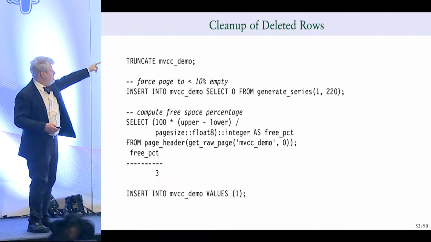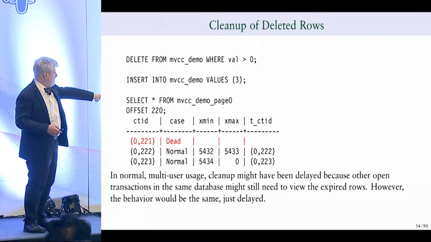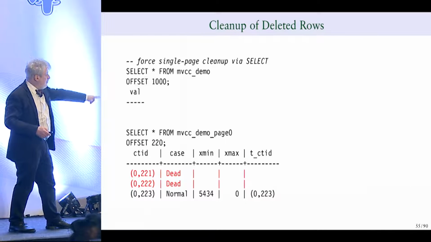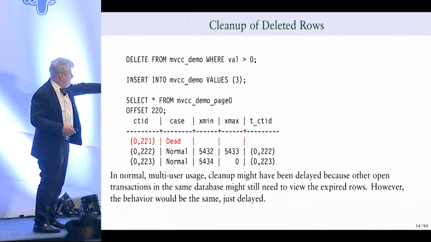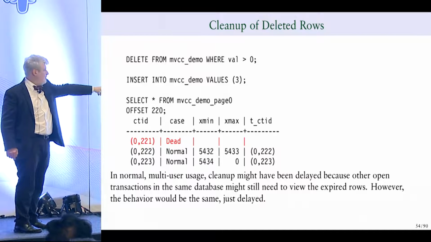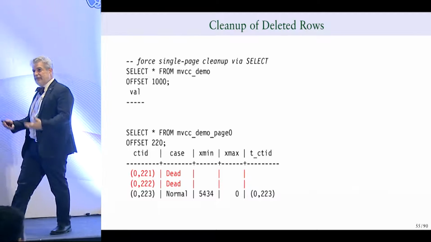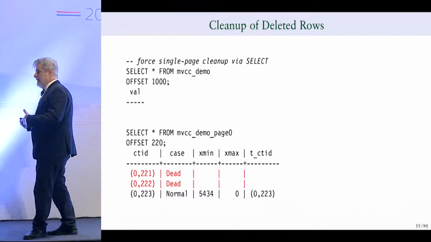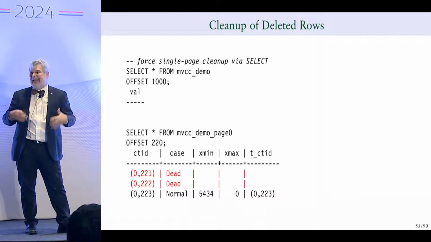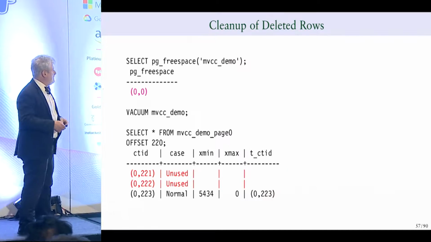It's that same case where I've marked the item pointers as dead. And again, if I do a select again, it marks more of them as dead. Here we only have one dead one. 222 and 223 are still active, but you see there's an expire on 222. When I do a select again, now both of them are marked as dead. So that's my on-demand cleanup right there. It's cleaning up exactly as it's running. Here's a select statement, literally cleaning up the database. And again, it marks those as dead.